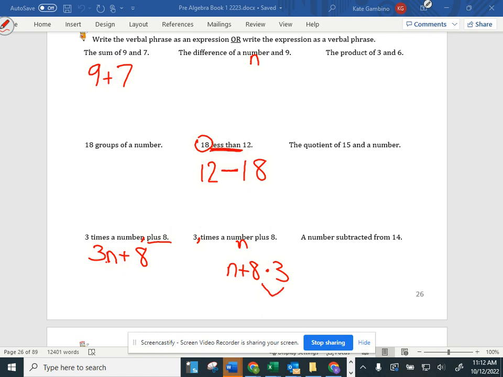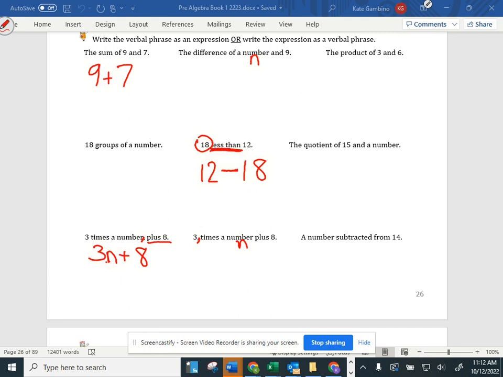I'm going to do 8 times 3 first. Is it saying do 3 times 8? We want to multiply 3 times a number plus 8. So I don't want to do 8 times 3, because that's not what our expression is saying. It's a common mistake.